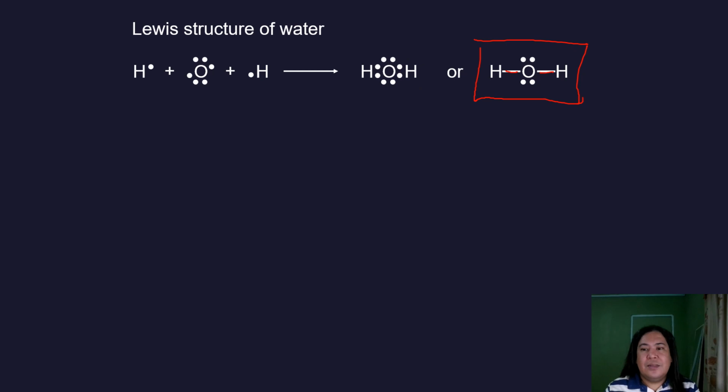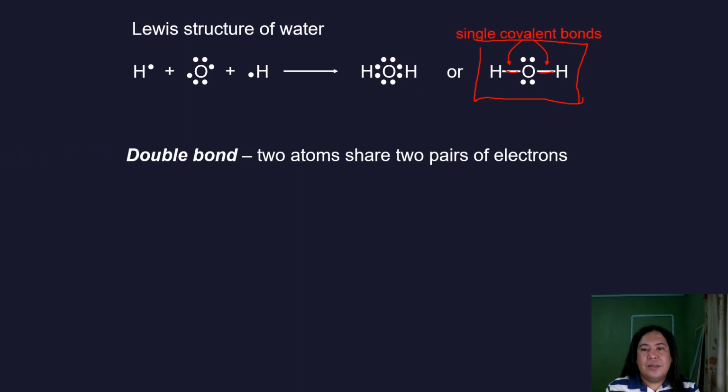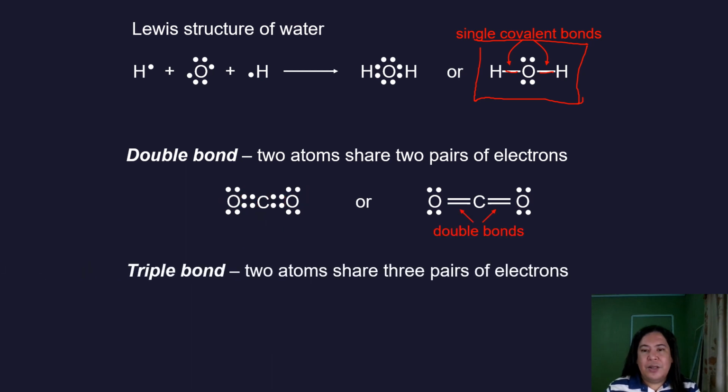A double bond is when two atoms share two pairs of electrons, as in carbon dioxide, which has double covalent bonds. A triple bond is for nitrogen gas, which also reaches 8 by sharing.